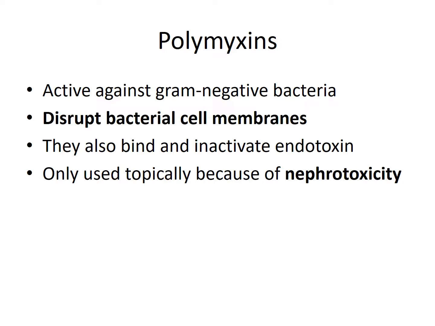Polymyxins are a category of antimicrobial that act by disrupting bacterial cell membranes, and they are so nephrotoxic that they are not used orally, but they're used again as topical.